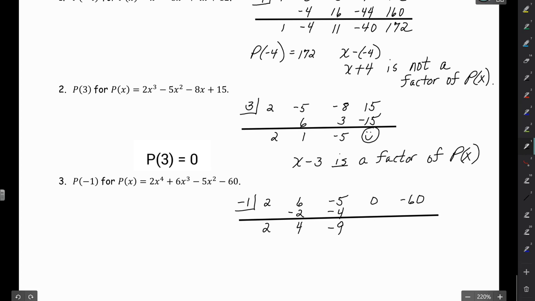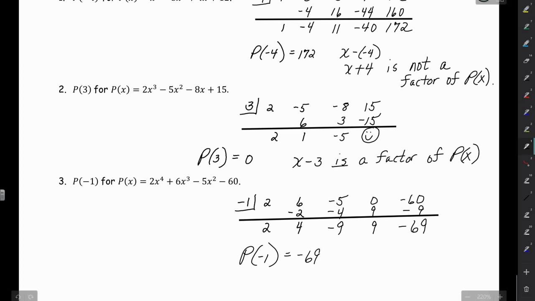Negative 9 times negative 1 is 9. 0 plus 9 is 9. 9 times negative 1 is negative 9. We get a remainder of negative 69. So we know that P of negative 1 is equal to negative 69, which means we got a remainder. Therefore, we know that x minus negative 1, or the factor x plus 1, is not a factor.